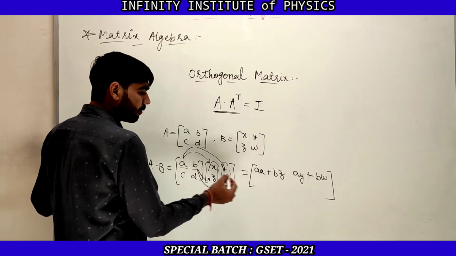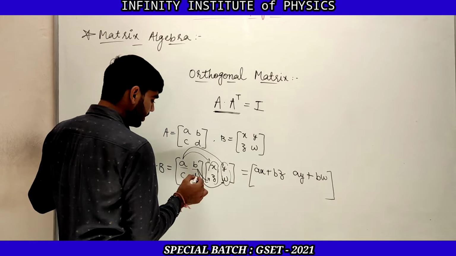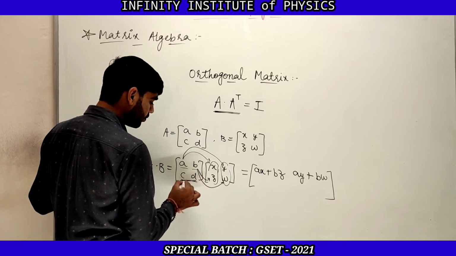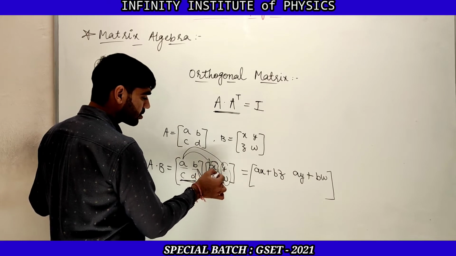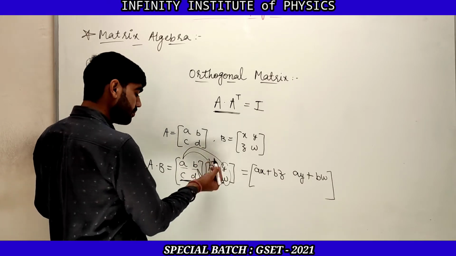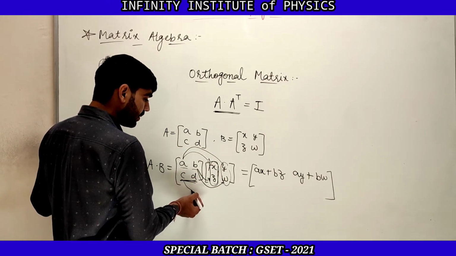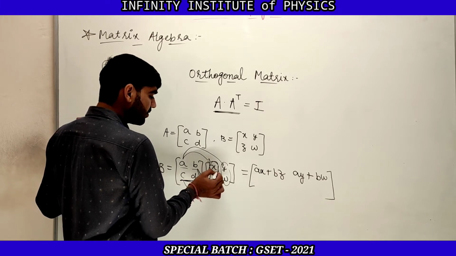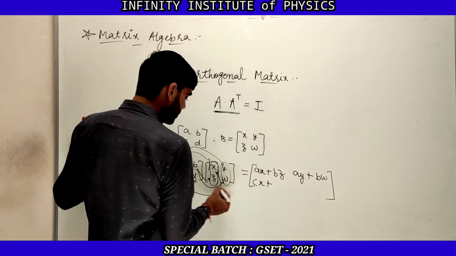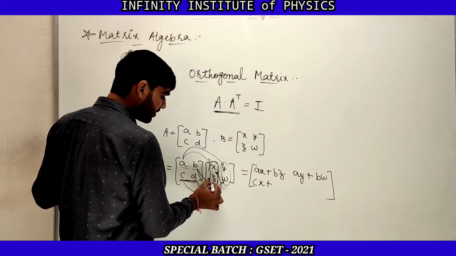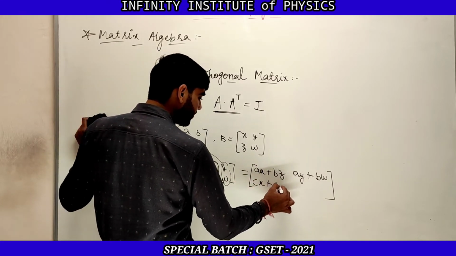Then for the second row, let us consider the second row of matrix A, and again the first column of matrix B. So let us take the multiplication of C with respect to X, so it will be CX, plus the multiplication of D with respect to Z, so it is DZ.